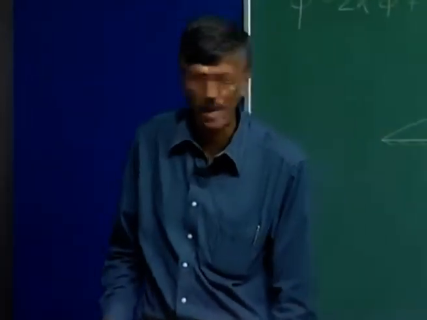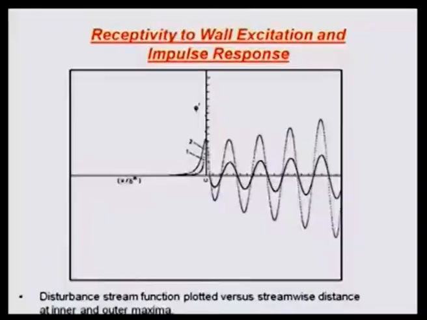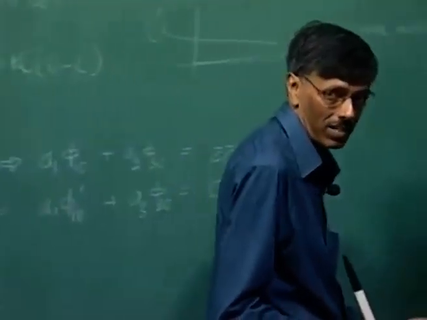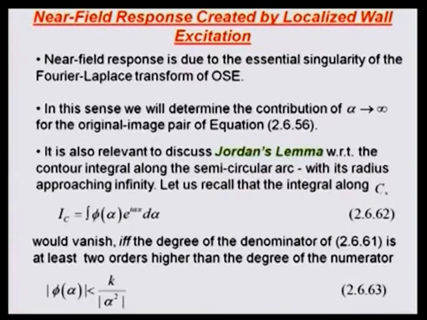That is what we would expect. So, do understand that the near field has this particular feature which does not reflect what your eigenvalue analysis tells you, and stability theory would never tell you that part.